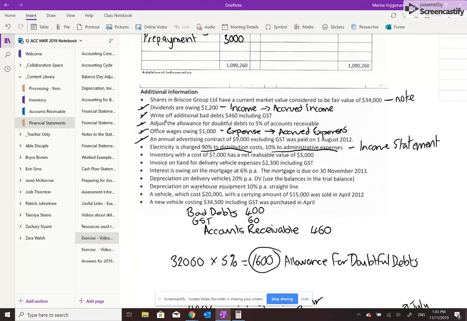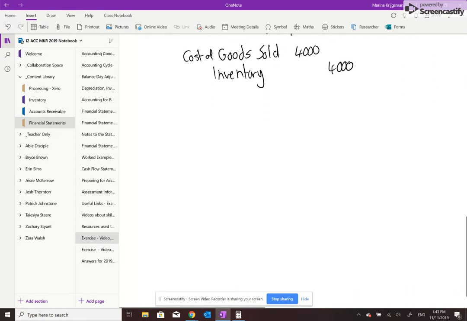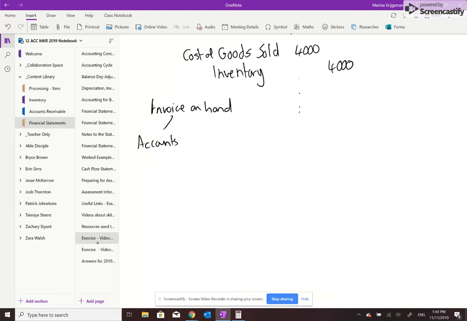Now, right, so now we've got an invoice on hand. Always when we do an invoice on hand, we've got two types. It's either accounts receivable or accounts payable. Accounts receivable ones are related to our sales if we are a trading firm, or our services if we are a service firm.